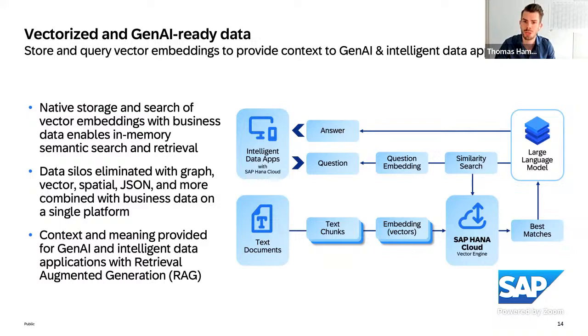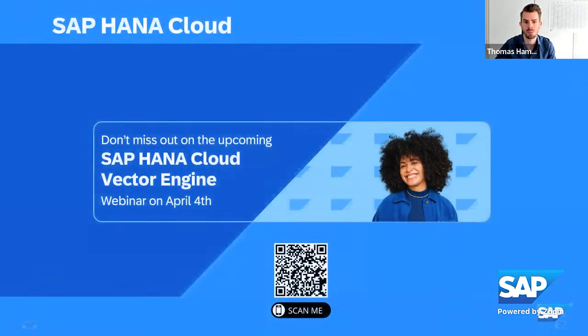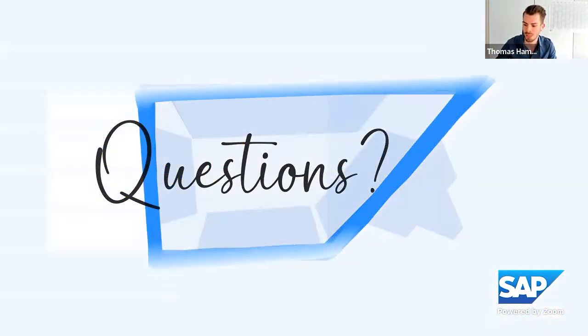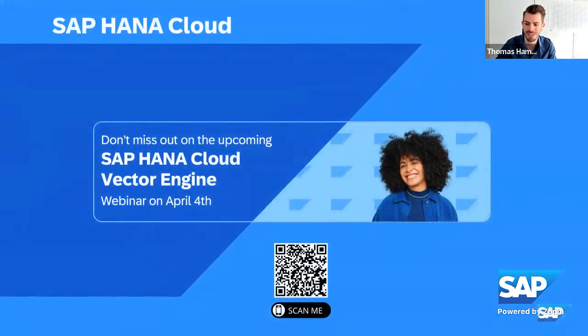Without going into too much detail, I only want to give a quick teaser to one of the events that Tania was also mentioning in the beginning, which is basically our go live event for the SAP HANA Cloud Vector Engine. It is not yet available in the product, but it will become available with our Q1 release of SAP HANA Cloud.